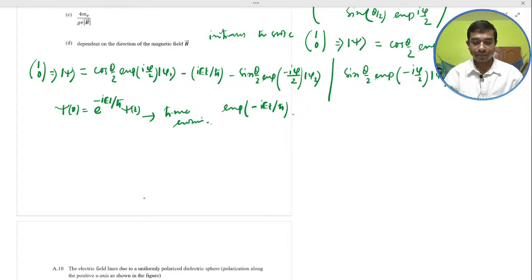So now the psi naught and psi t inner product.